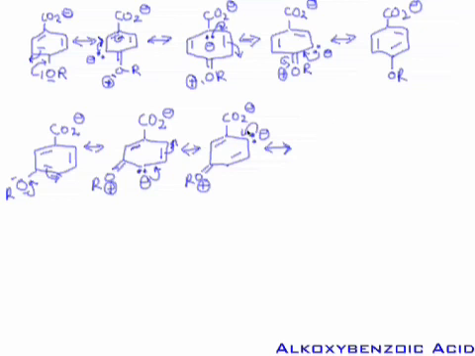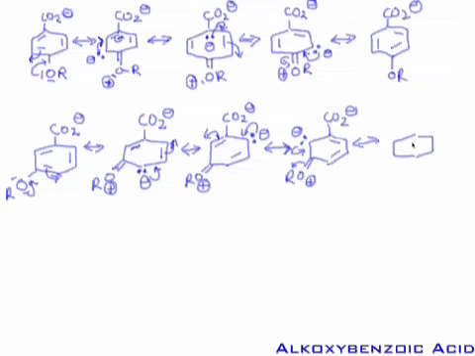Now we can dump this in here, move this over here. And what we have then is we can dump the lone pair here, move pi electrons out, and get us back to the closed aromatic ring with an OR group.